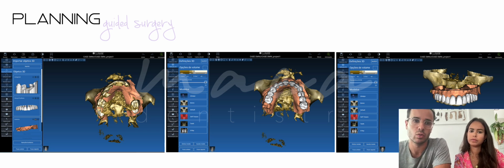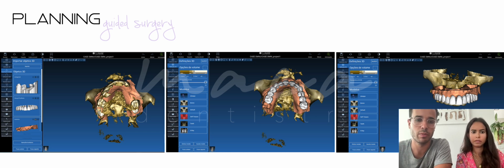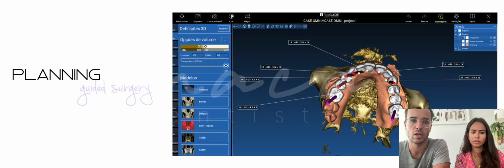After that, we superimpose the preoperative STL of the patient with the mock-up, and then we superimpose that with the CBCT of the patient. Then we have to place the implants and guide our surgery by the mock-up that we approved for the prosthetic. So, as we already saw, we guide the implants by our prostheses.